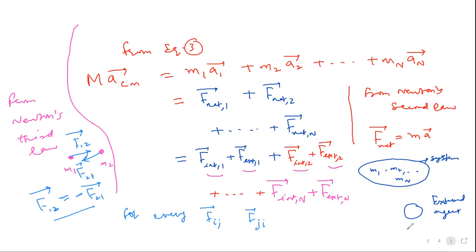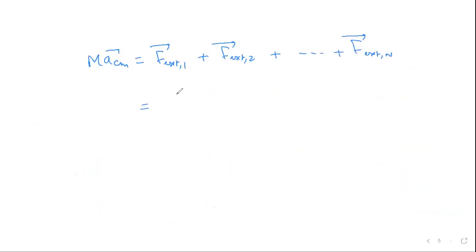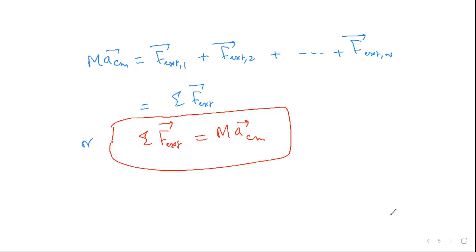Now I write it this way: sigma F external. Sigma F external is the vector sum of all these external forces, that means net external force on the system. I write it this way, sigma F_ext is M_ACM. This is an important result. This is my equation 4.